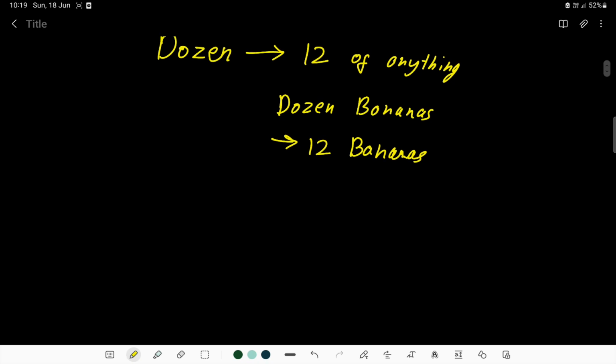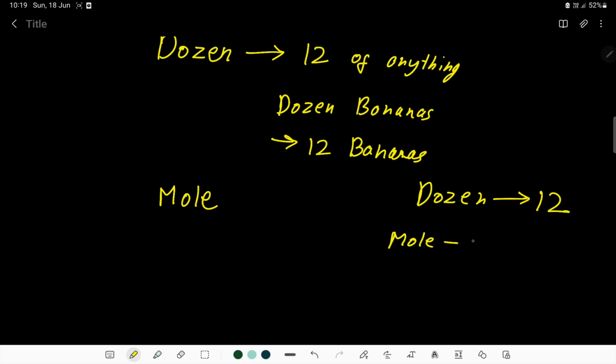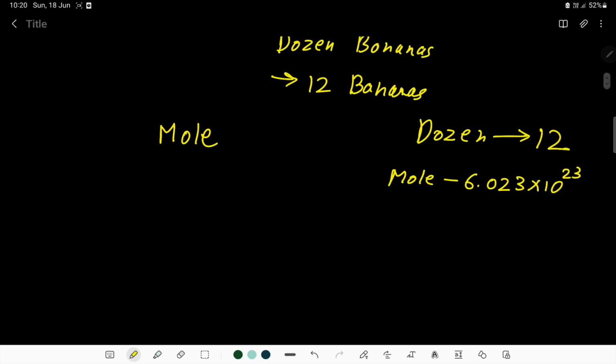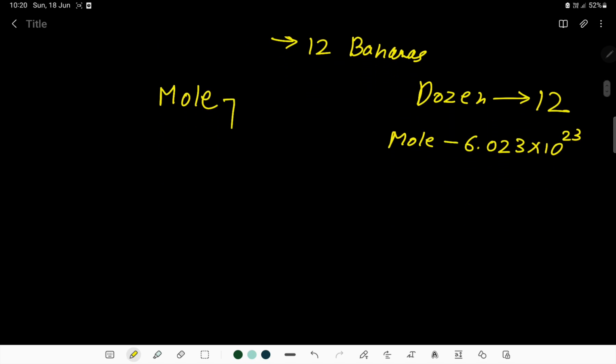The same thing is with mole. If a dozen means 12 of something, then a mole means 6.023 into 10 to the power of 23 of something. I know that's a mouthful, but let's continue.